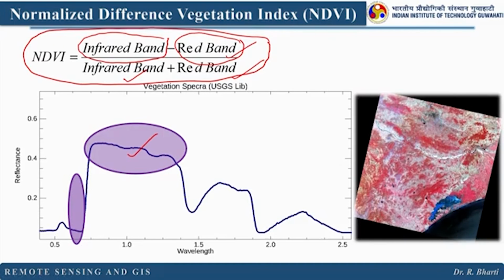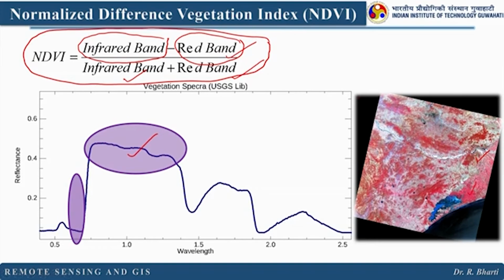Now, in standard FCC, all the red colors are basically vegetation, or having chlorophyll content. It can be because of the crop or it can be because of the vegetation, trees, shrubs. Those things are actually highlighted here.